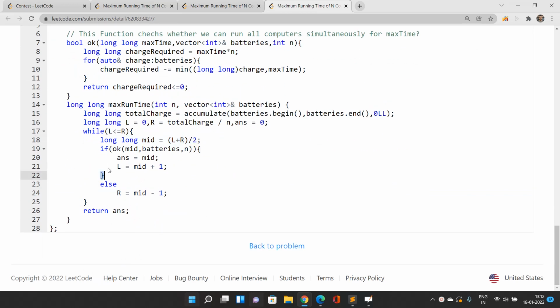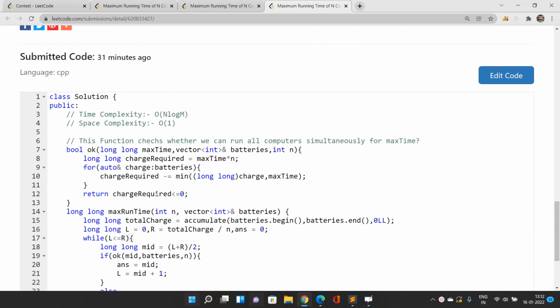So mid is l plus r by 2. I will check if this mid value is sufficient to run all those n computers simultaneously for mid amount of minutes. If yes, go for the greater value, otherwise check for the lesser value.